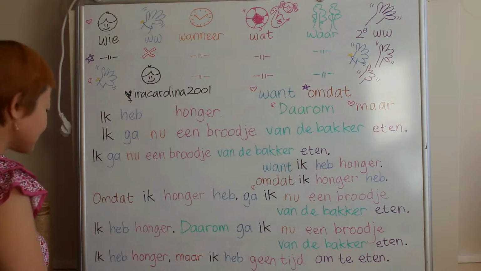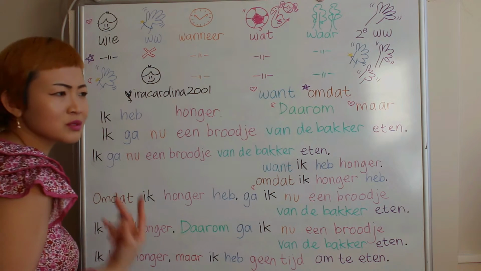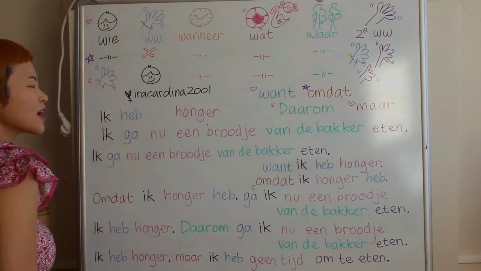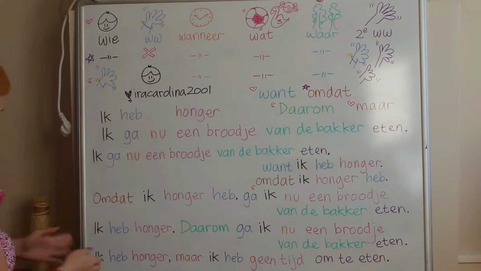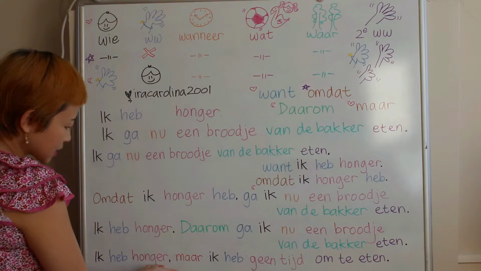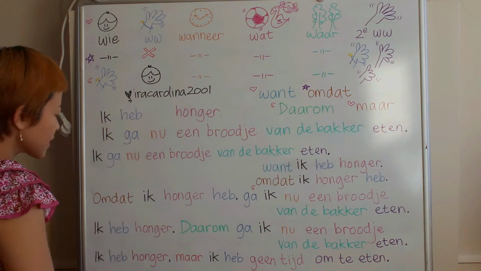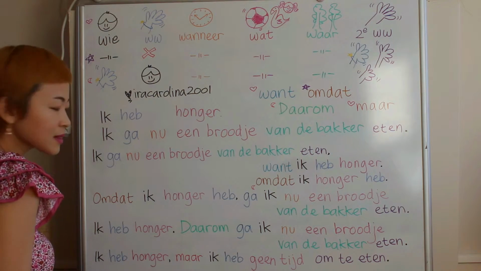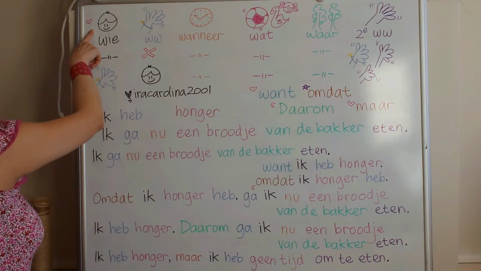And the last one, of course we will not use the same two sentences because it will not make sense. I have to change the second sentence. First the same. Ik heb honger, comma. I'm hungry. Maar, but. With maar, same.